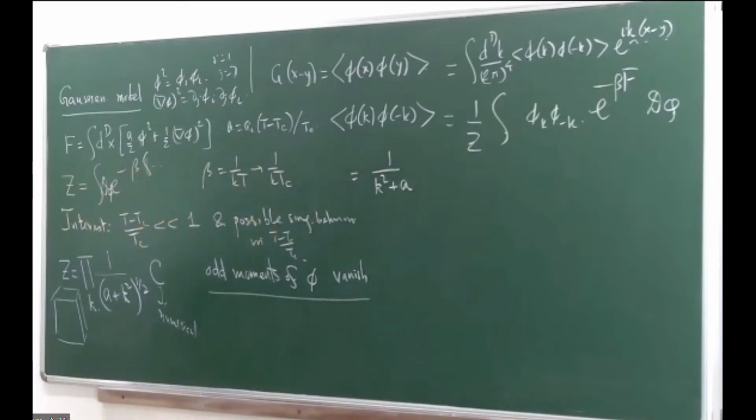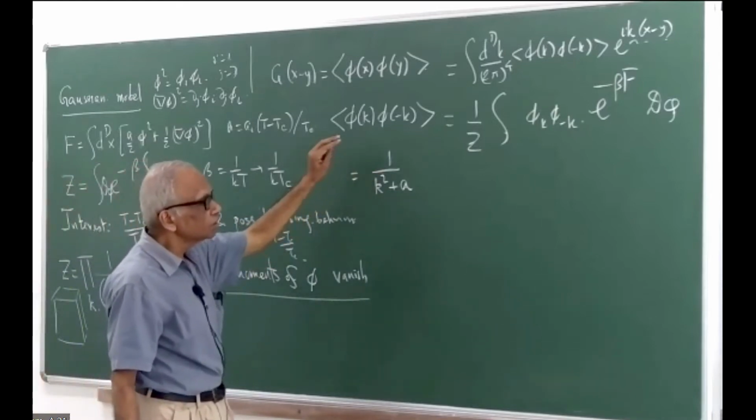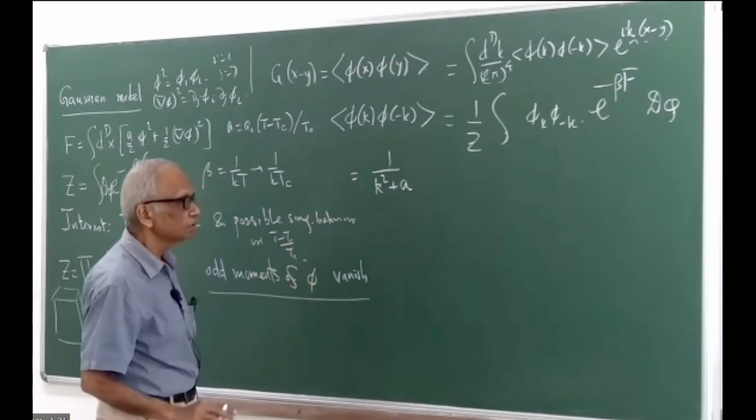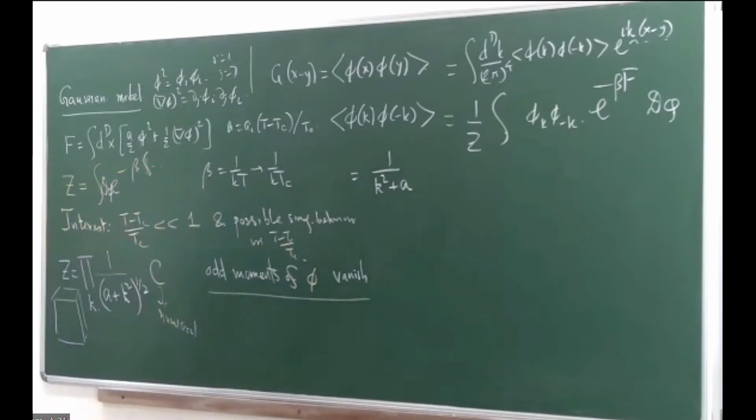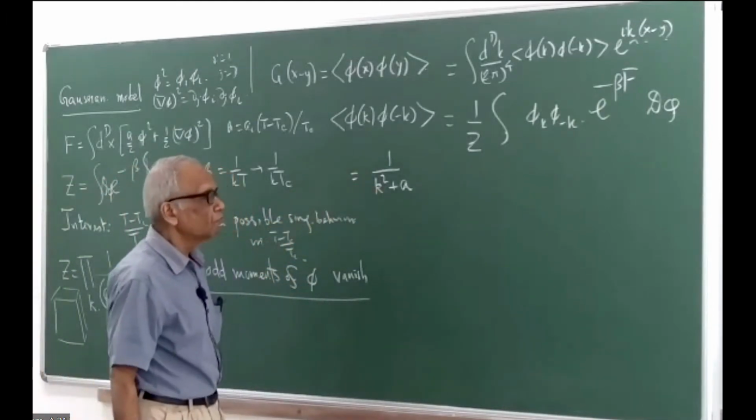So phi k phi minus k is 1 over k squared plus a, and that is what we will always use. That is the way the normalization is done. So that is one.